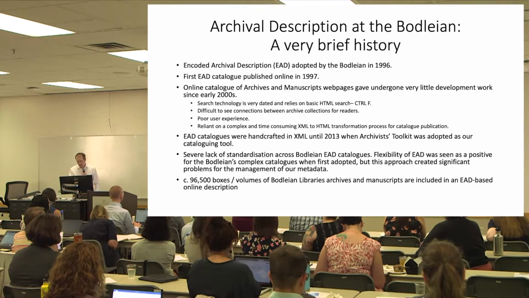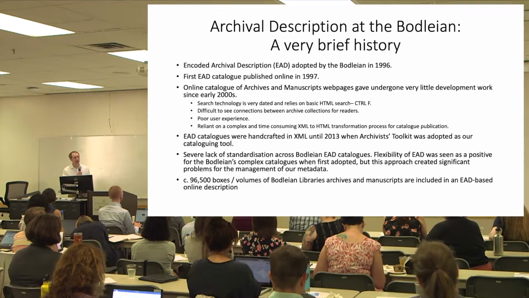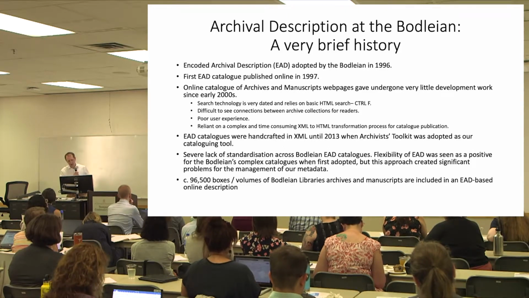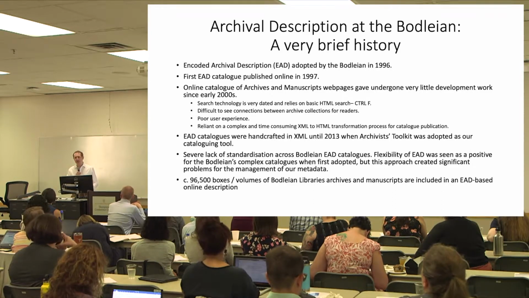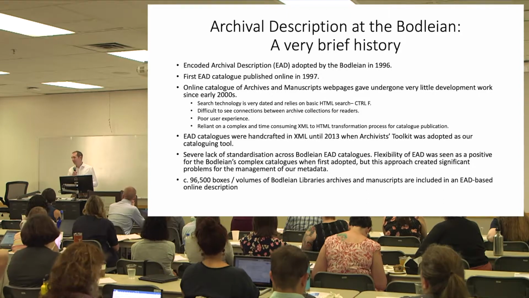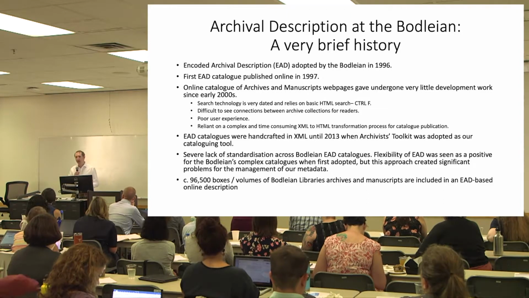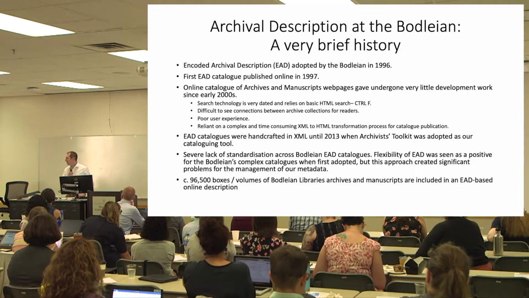And very much the only focus of our online efforts was converting existing hard copy catalogues. Because the Bodleian's been cataloguing for so long, we've been doing this before any standards really existed, and EAD was seen as a very flexible standard to help us with our data. But speaking as the guy who's had to standardize that data, it's caused problems later on.